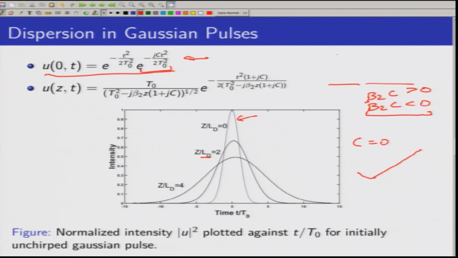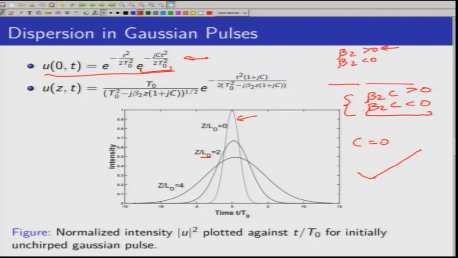And similarly, in the previous cases, whether beta 2 is greater than 0 or beta 2 is less than 0, the pulse will always broaden in the case of unchirped pulses. It does not depend on whether we are operating in the normal dispersion regime, which is beta 2 greater than 0, or the anomalous dispersion regime, which is beta 2 less than 0. However, if we induce some sort of chirping, then the sign of beta 2 becomes important, as seen here.